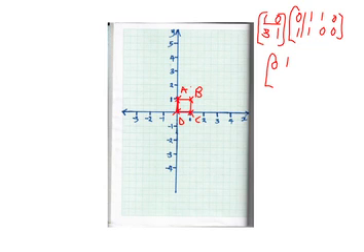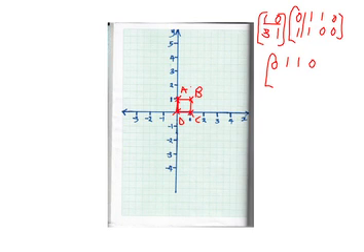Then we have the first row and the third column, which is 1 multiplied by 1, which is 1, plus 0 multiplied by 0, which is 0. So we have 1. Then we have 1 multiplied by 0 plus 0 multiplied by 0, which is 0.